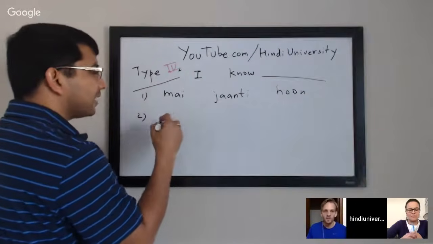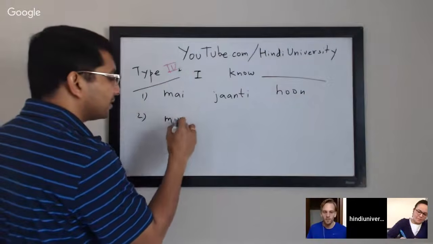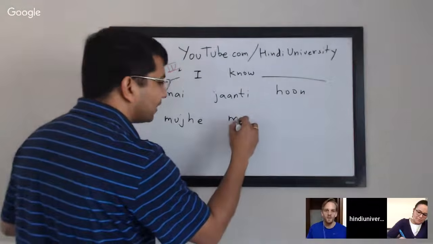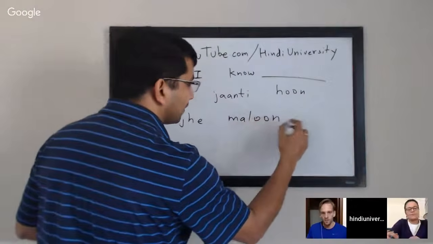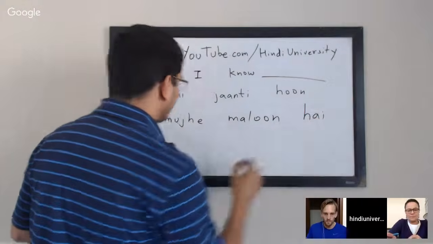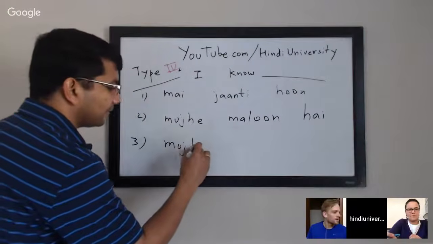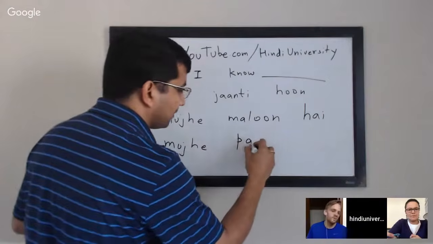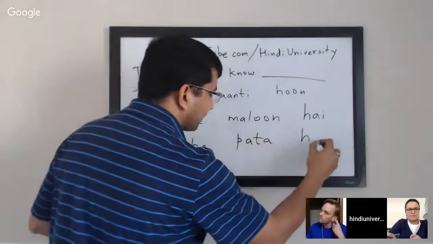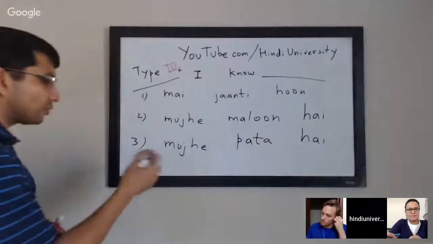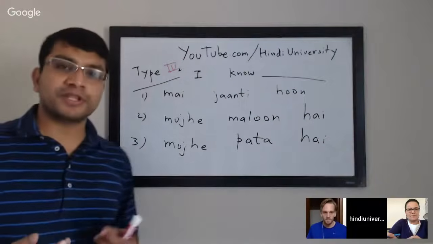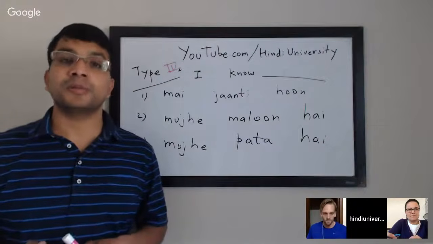Second one is, as Carl mentioned, मुझे मालूम है. Okay. Third one is मुझे पता है. Okay. You will also see, like, if you're not aware of something, you will see examples like मुझको नहीं पता.